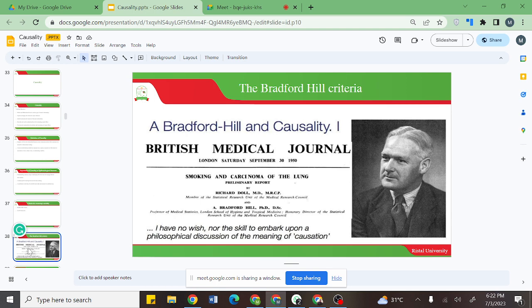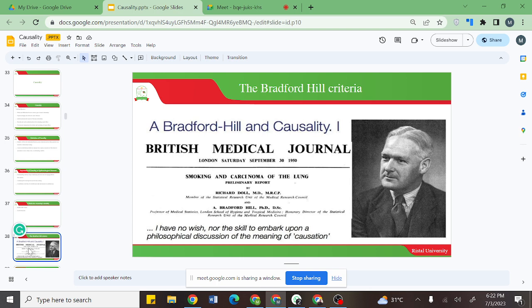Okay, he was an epidemiologist and was actually a professor of medical statistics at the London School of Hygiene and Tropical Medicine. He used to work with Richard Doll, who was also a medical doctor working together with Bradford Hill.